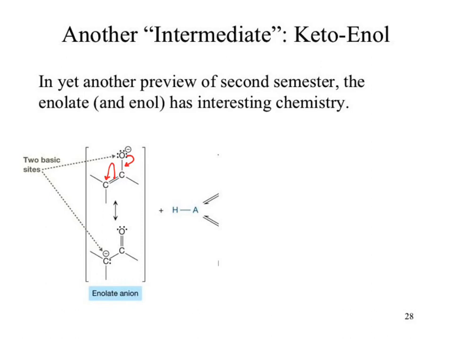Because we have 2 negative charges and different negative charges, what do we have? Two basic sites, which means when this reaction runs, when I now mix it with an acid, shown in the middle, I could end up with two possible products.